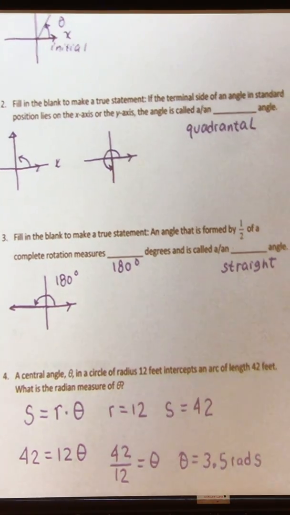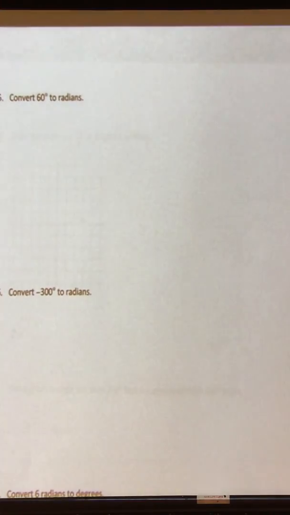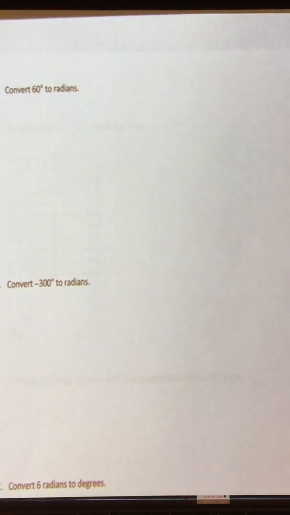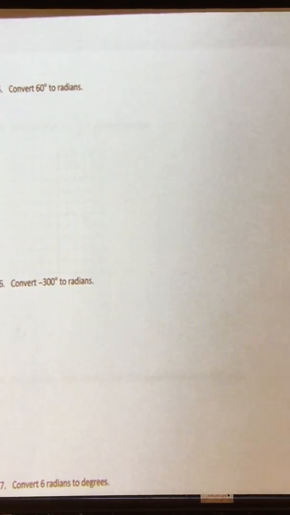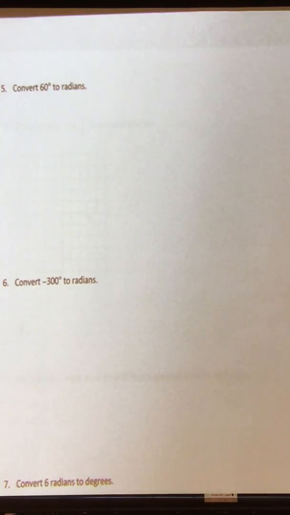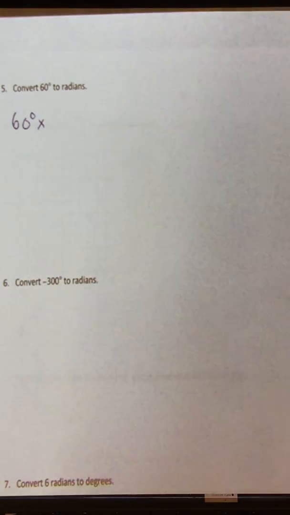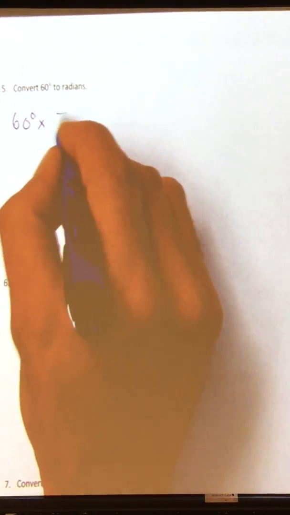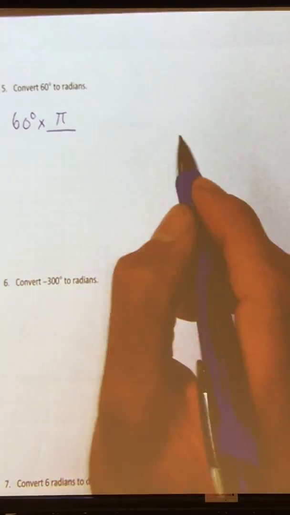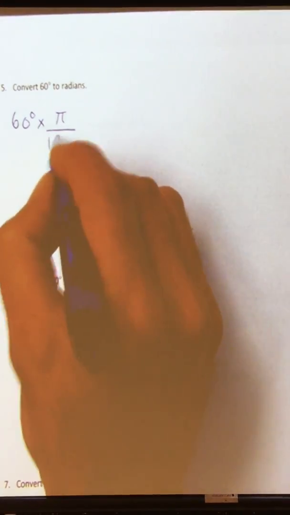Let's go on to problem number 5. This is a conversion problem of 60 degrees to radians. To do this, we will take the given angle, 60 degrees, and multiply by the equivalency. One equivalency that we tend to use is pi, which is a 180-degree rotation.